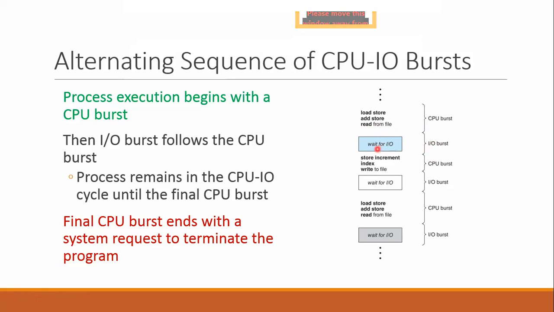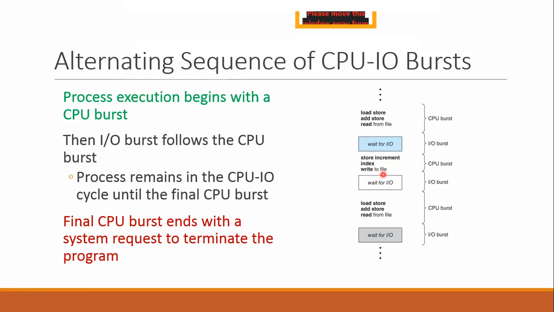After this IO operation has been completed, the process will enter the next CPU burst cycle. And it may have instructions like store increment, index, and write to file. Now, write to file is again an IO instruction. That is, write to some file.